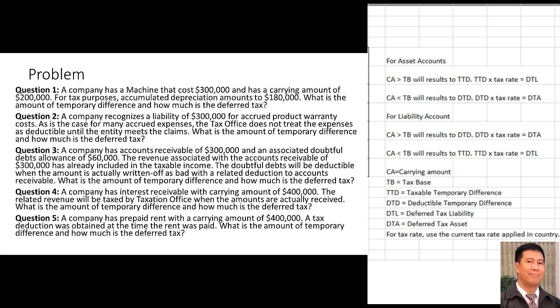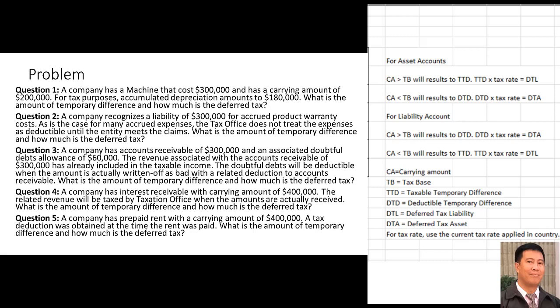Now for liability, it will be opposite. Carrying amount greater than tax base will result in deductible temporary difference. If carrying amount is less than tax base, that will result in taxable temporary difference. So are we clear? Now, taxable temporary difference multiplied by tax rate will result in deferred tax liability.